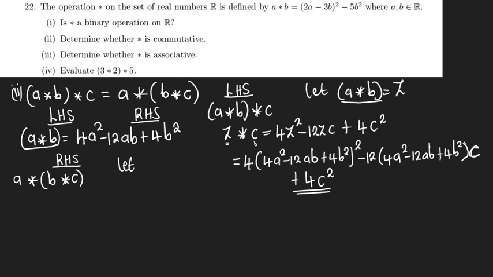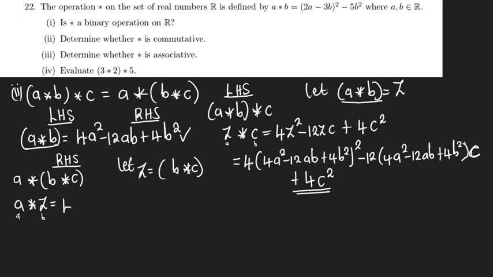We let Z equal to B star C. This implies that we have an operation between A and Z. We can use the same concept because when we do an operation A star B, we are getting this particular equation. So henceforth, if we do an operation between A and Z, in the same manner of the equation, we are going to replace. So this is going to be our A, this is going to be our B.